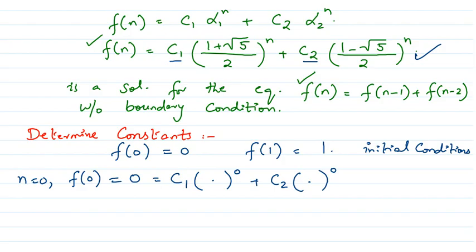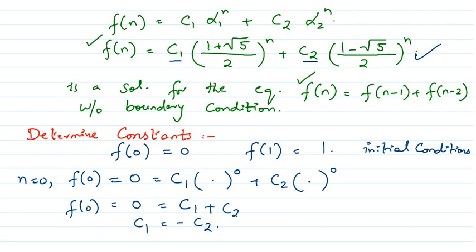So f of 0 is equal to C1, anything raised to the power 0 is 1, plus C2, again anything raised to the power 0 is 1. So C1 plus C2 is simply equal to 0, or you can say C1 is equal to minus C2, right?